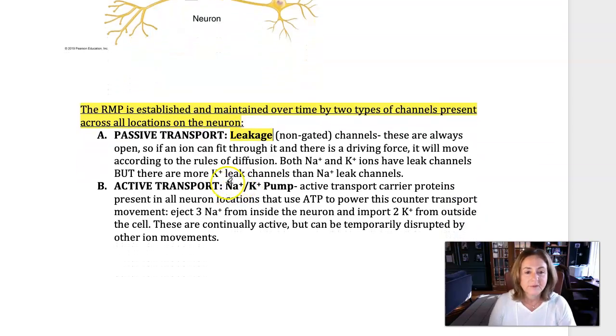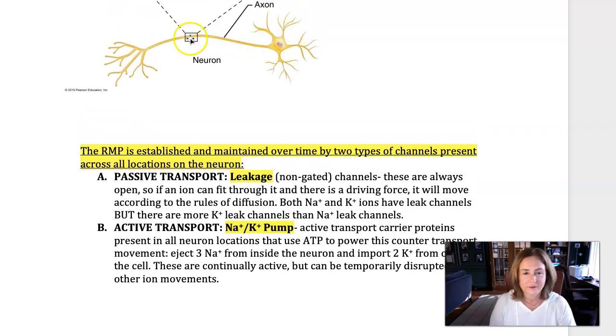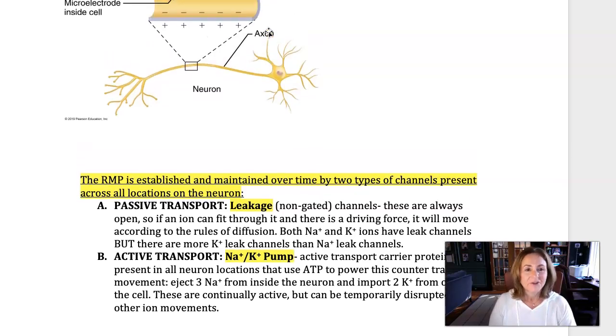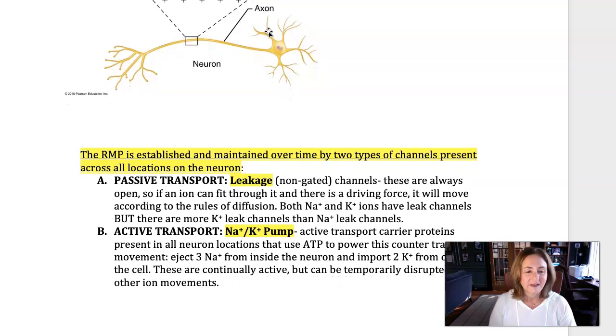And then we'll also see a sodium-potassium pump all over this cell. And the sodium-potassium pump is an active transport pump. It's going to actually move sodium and potassium ions in the direction that it wants them. Okay, in other words, against what would happen passively.